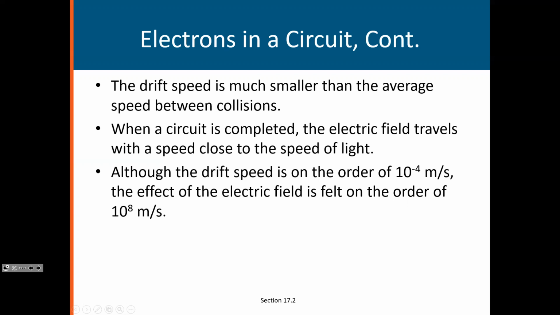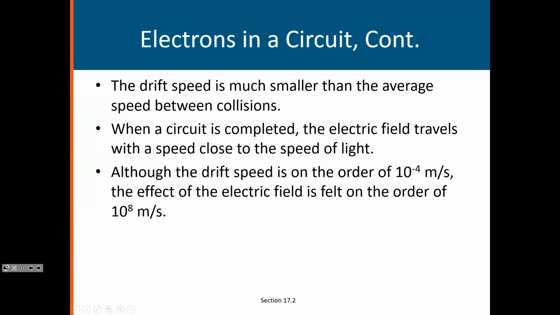So the drift speed is very small. You understand why it is small? Because it's going to have collisions on its way. But it doesn't matter to us because we don't have to wait for the electrons to move around the circuit to get the energy. When you turn the switch on, the electric field is felt everywhere immediately.